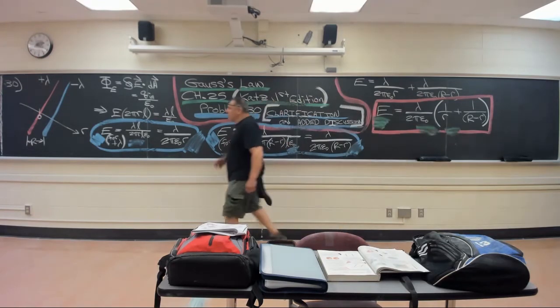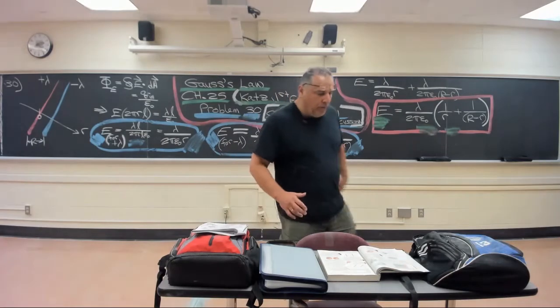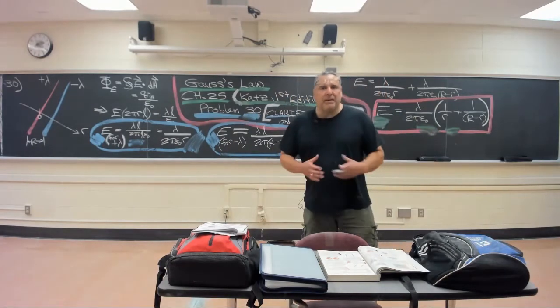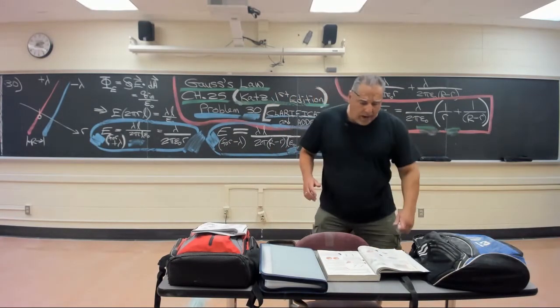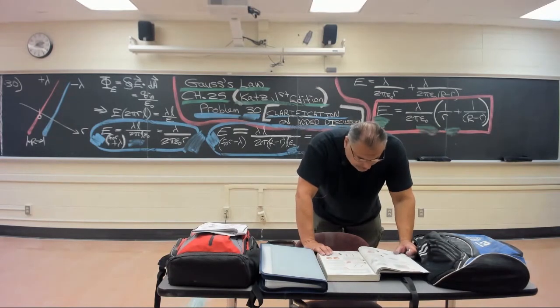They tell us in problem number 30, let me just read it out, and then we'll use our own interpretation, or say this in a little different way that might be a little easier to deal with. For problem number 30 on page 782, they say two very long, thin, charged rods lie in the same plane.